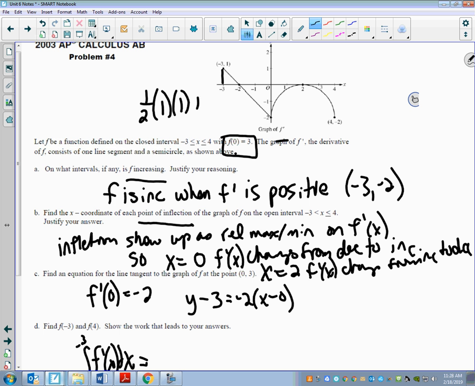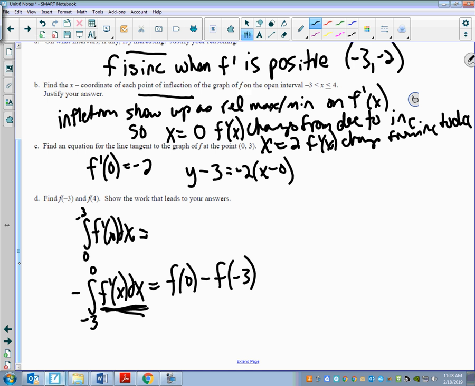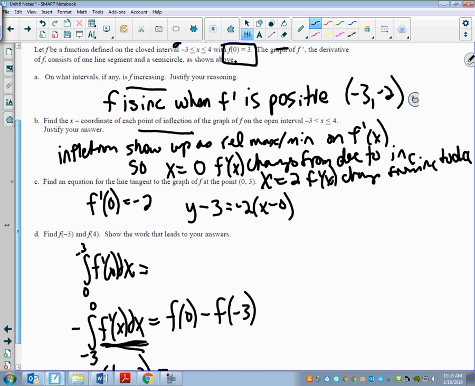And then this one is 1/2 times 2 times -2, right? So that's going to be 1/2 minus 2. But I have a negative out there, right? 1/2 minus 2. And then I know f of 0, they gave me. f of 0 equals 3.